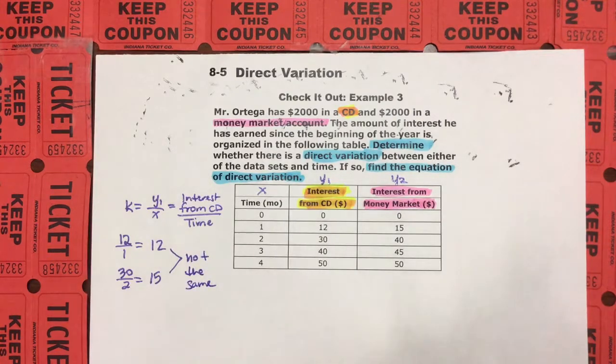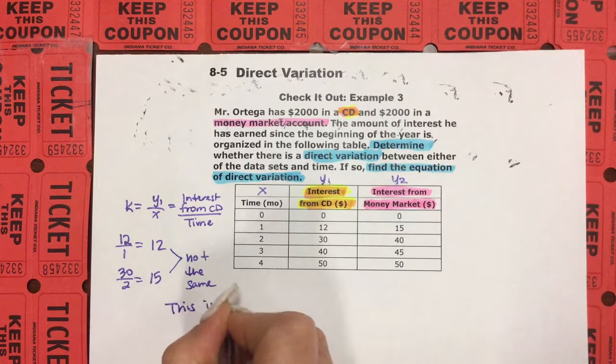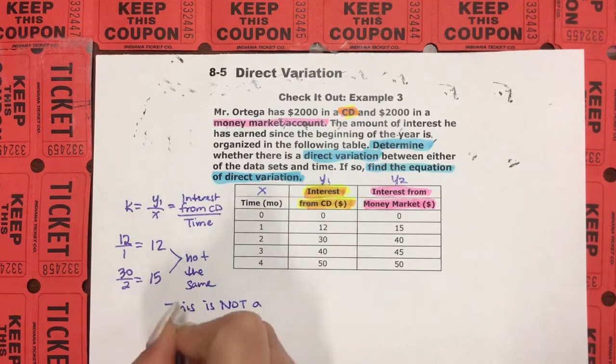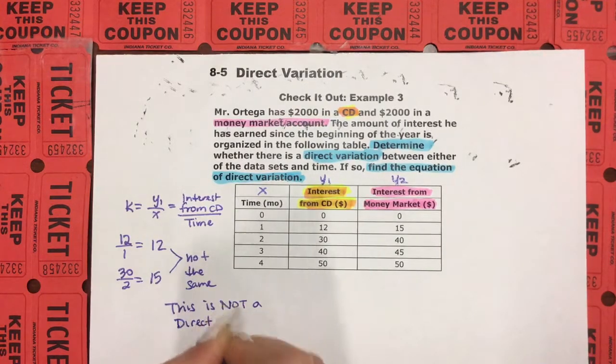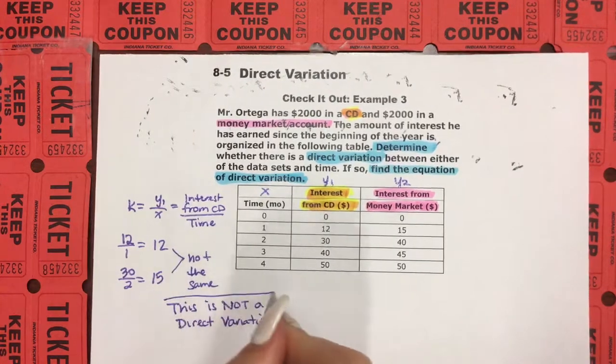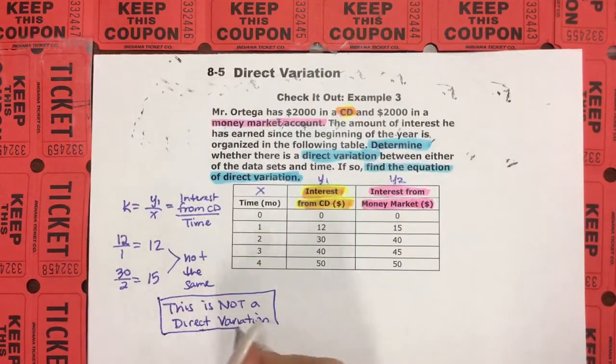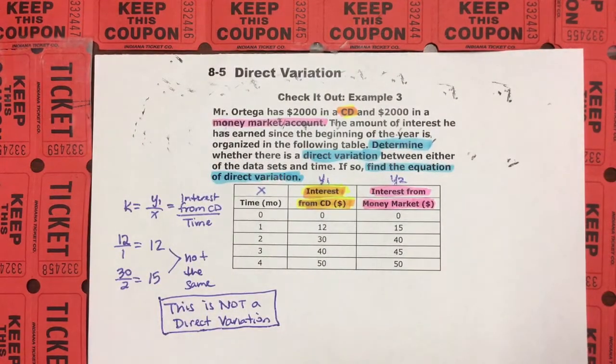So what does that mean? It means this is not a direct variation. Okay, not a direct variation. Let's go on to the next one.